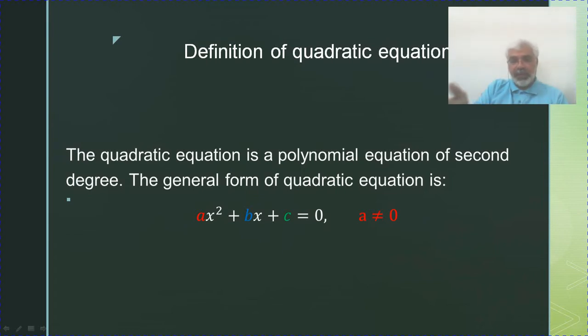This is a very large part of the chapter, solving second degree equations. I may even divide this part into two parts. In part number one, I'm going to discuss how to solve quadratic equation by factoring, and in part number two, we will discuss how to solve quadratic equation by using the quadratic formula.